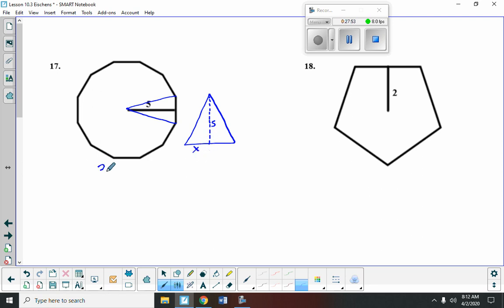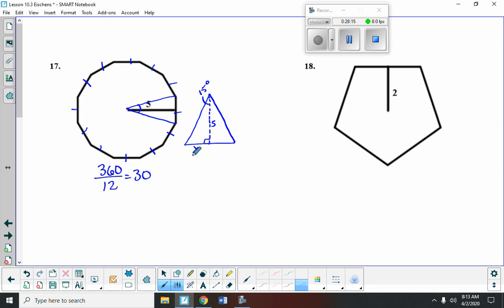So the first thing we're going to do is figure out the angle. So 360 divided by the number of sides. 1, 2, 3, 4, 5, 6, 7, 8, 9, 10, 11, 12 sides on that one. So that's a dodecagon. So that would be 30 degrees for each central angle, which means half of it is 15 degrees.